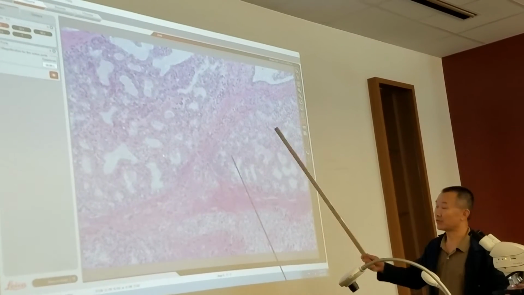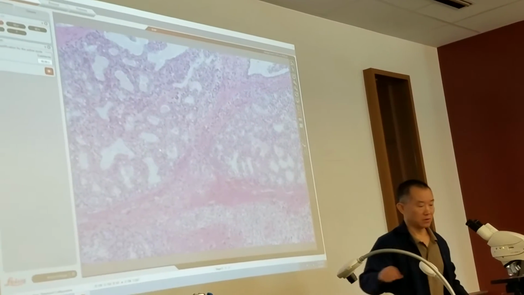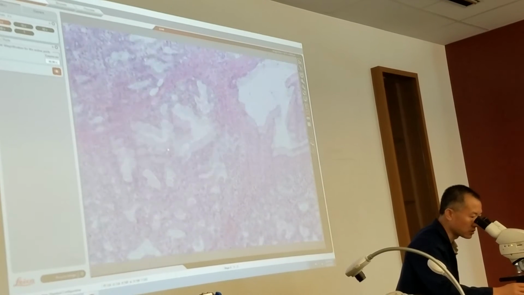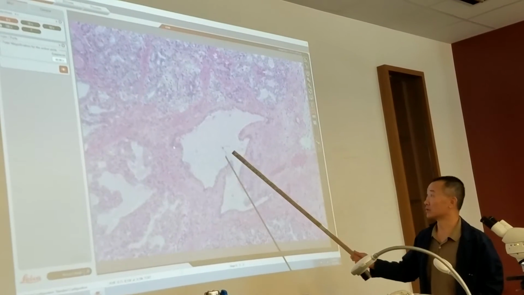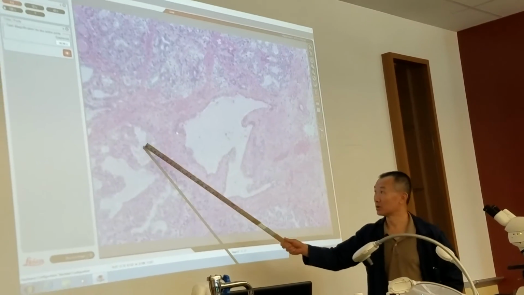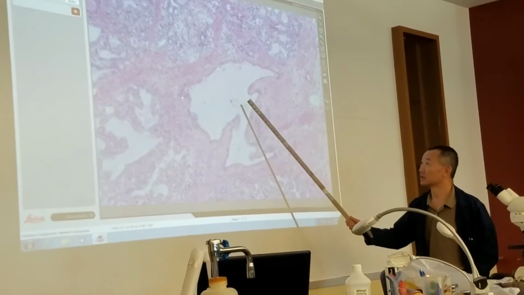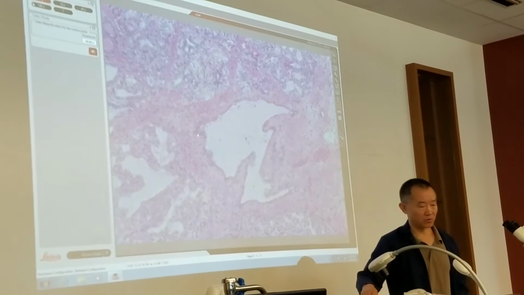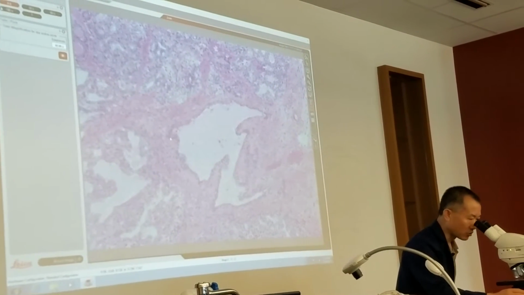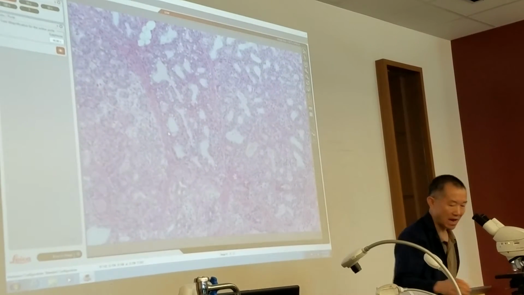Now, the lactiferous duct is full of contents. If you look at it carefully, the milk in the lactiferous ducts, and the lobules are well developed. All the cells are enlarged and doing active synthesis.